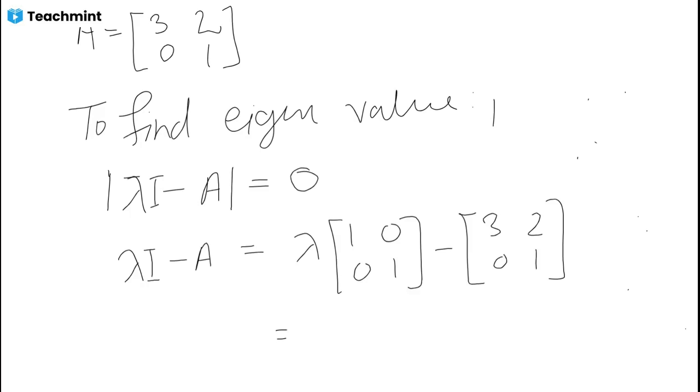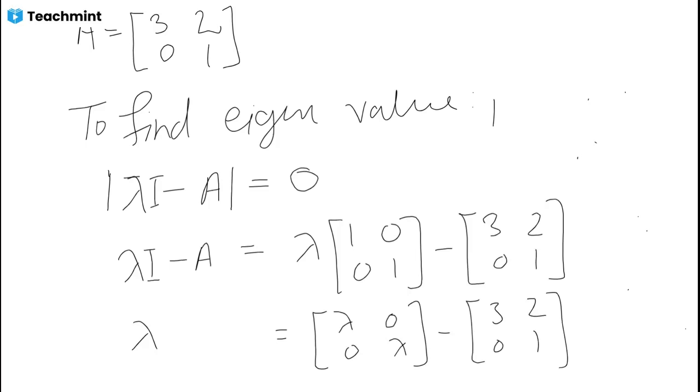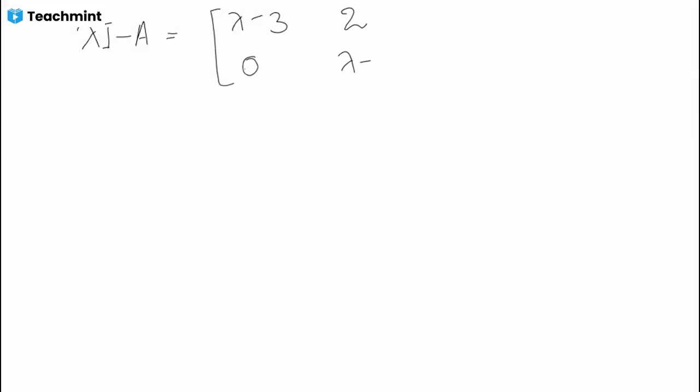Now let's multiply this lambda inside. We have this result. And now let us subtract A from lambda into I. So lambda into I minus A, we have lambda minus 3 and 2, 0 and lambda minus 1.